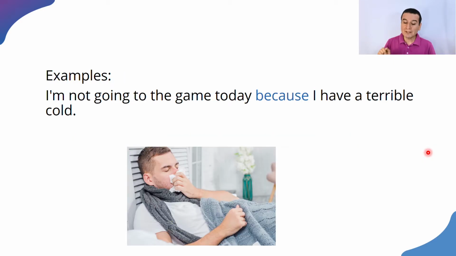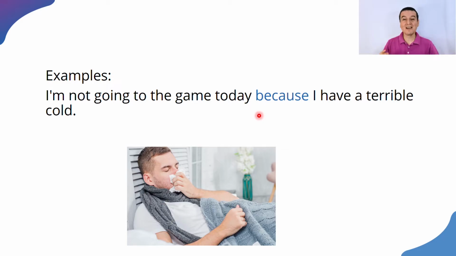The first one, I'm not going to the game today because I have a terrible cold. I have the word because. What happens before? I am not going to the game today. Okay, that is a fact. And what happens afterwards? I have a terrible cold. So which one of those is the cause of what happened?